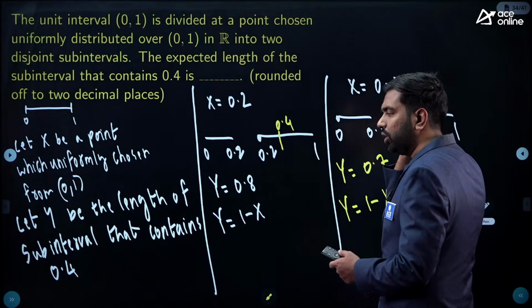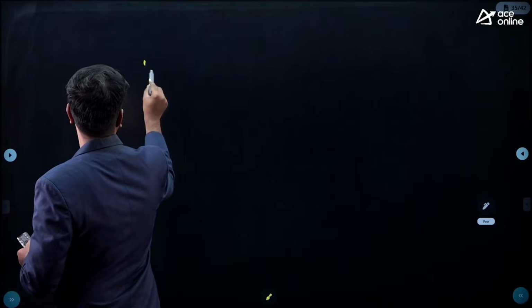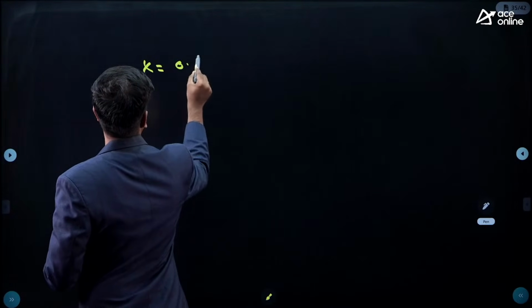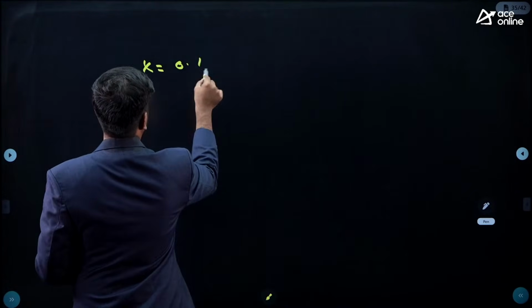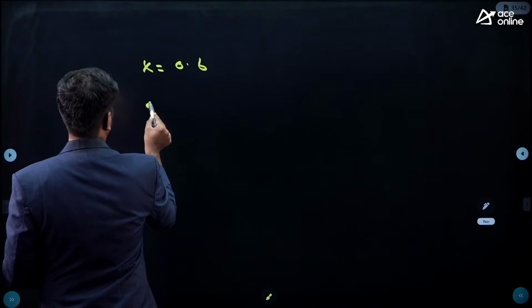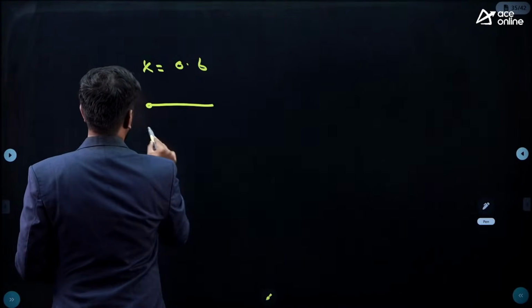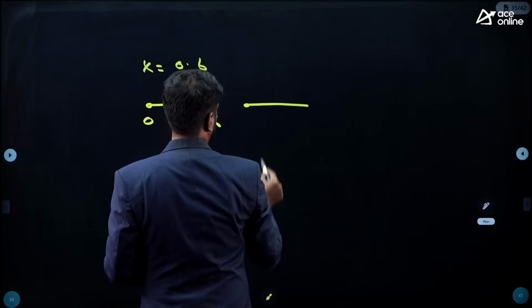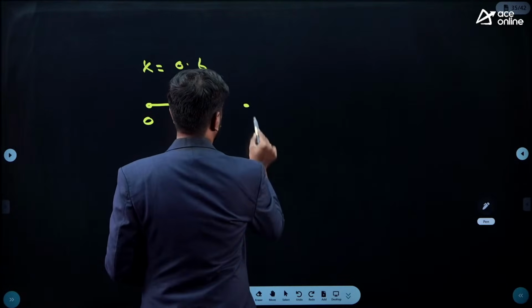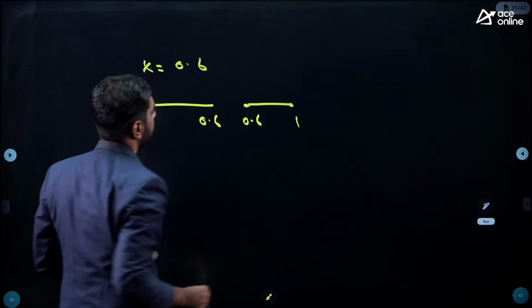So far I have taken 0.2 and 0.3. Let me proceed. Let me take x value as 0.6, some value which is greater than 0.4. Then where will you break? When you break, you get two subintervals: 0 to 0.6 and another subinterval from 0.6 to 1.